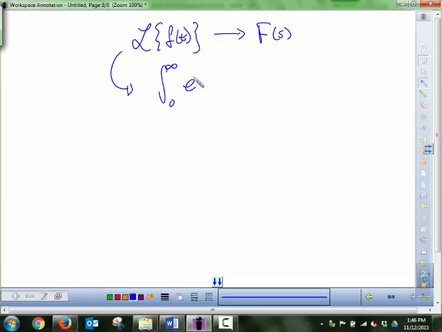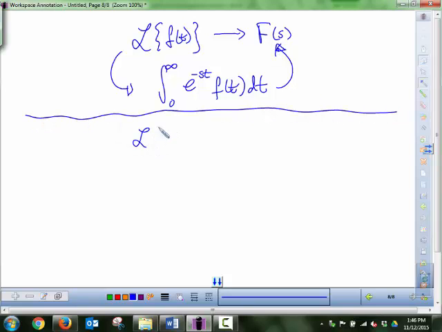What's the integral again? Oh, e to the negative st f of t dt. Okay, so we know this is a Laplace transform. What I'm curious about is how you take a derivative into the S world. Well, let's find out.